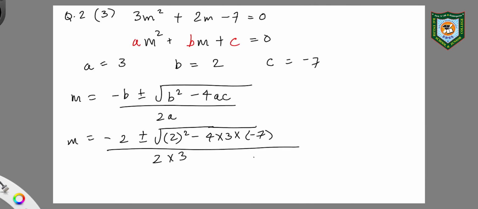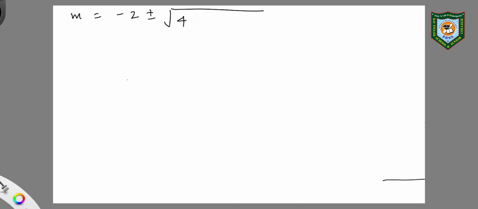Now that implies m is equal to minus 2 plus minus under root 4. Now here I have minus 4 into minus 7, which becomes plus, and 4 into 7 is 28. So I have plus 28 into 3, and 28 into 3 is 84.